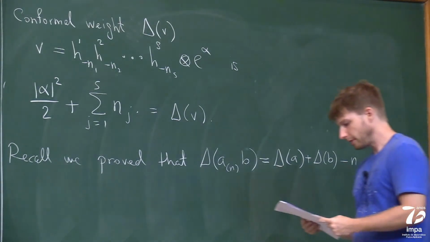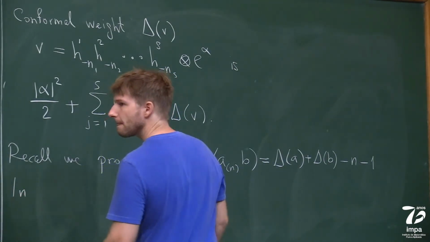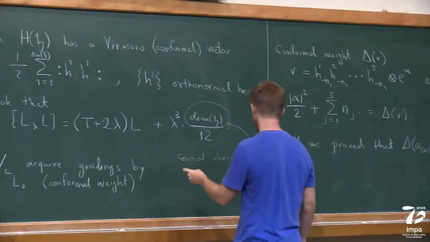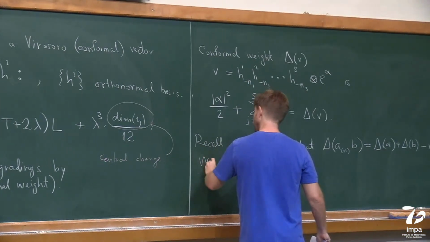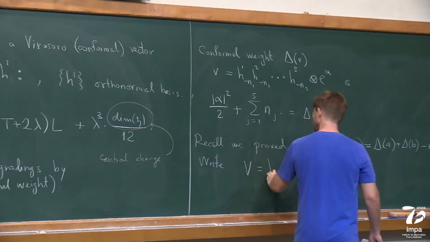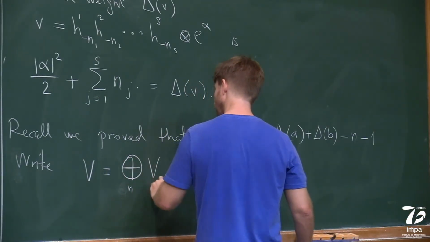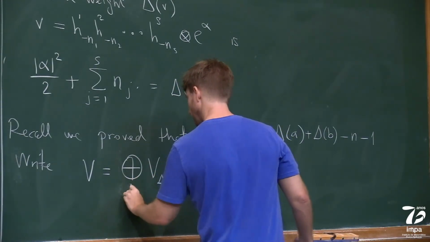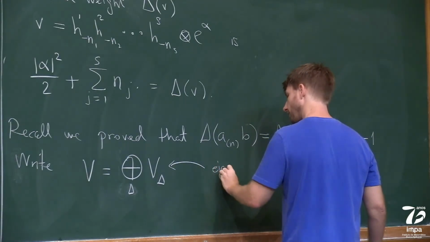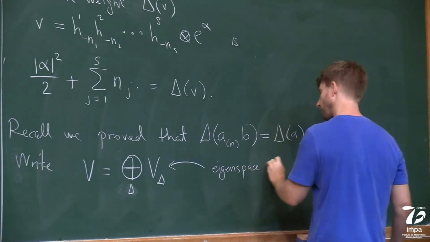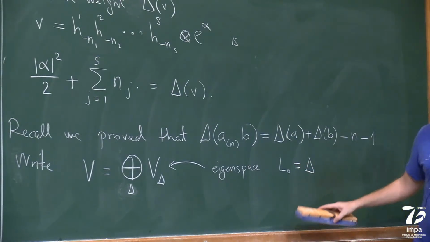So in particular, maybe back here, let me say, so write V delta for the eigenspace in which L0 equals delta.